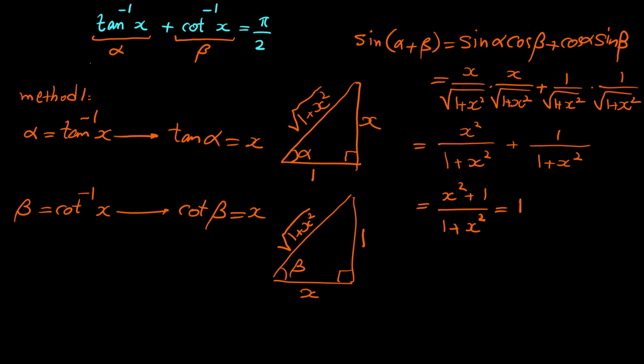So what do I want to say here? I want to tell you tangent inverse of x, which is angle alpha here, is an angle between negative pi over 2 and pi over 2. So tangent inverse of x is defined between, not equal, between negative pi over 2 and pi over 2.